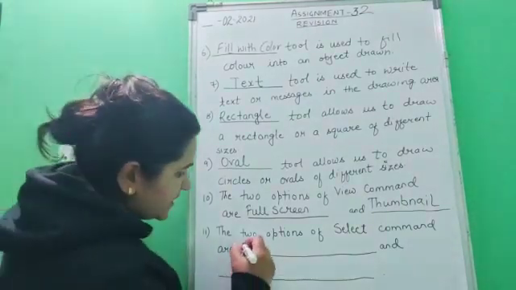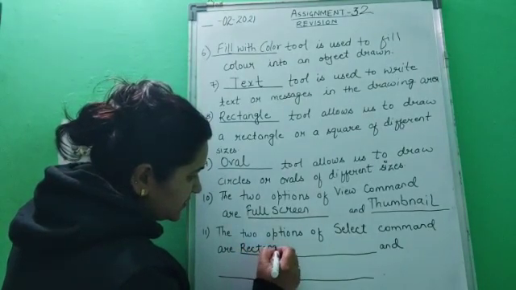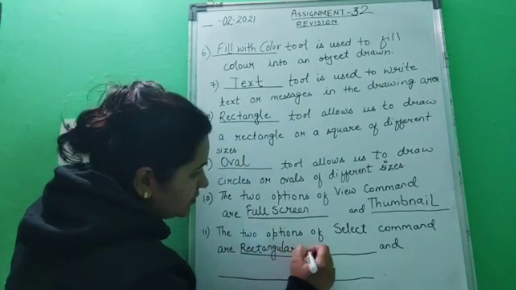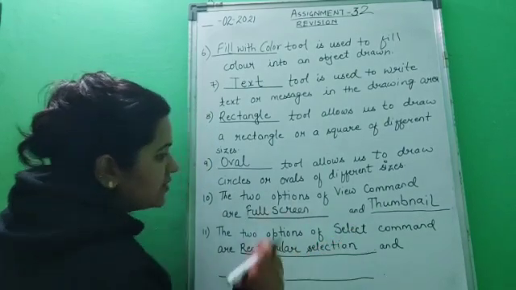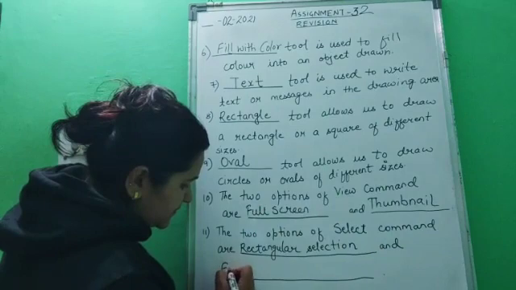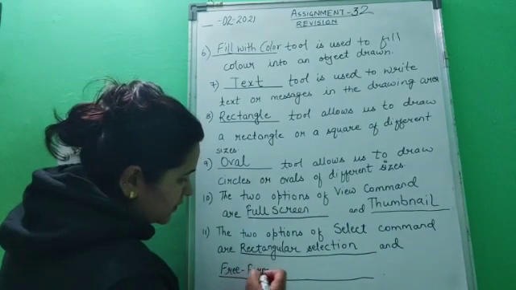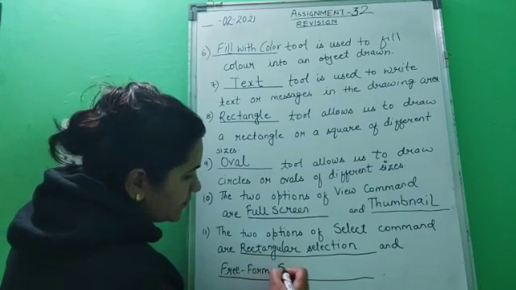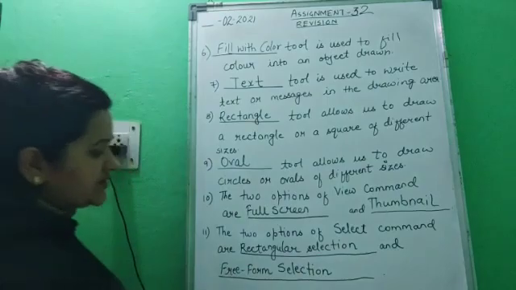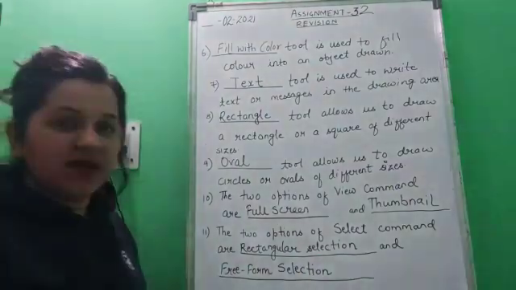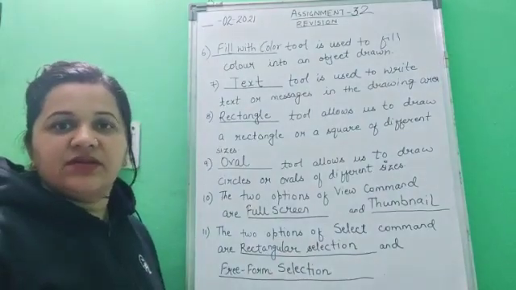The first is rectangular selection, and the next option of select command is free form selection. Okay, so two options are there for select command, that is rectangular selection and free form selection.